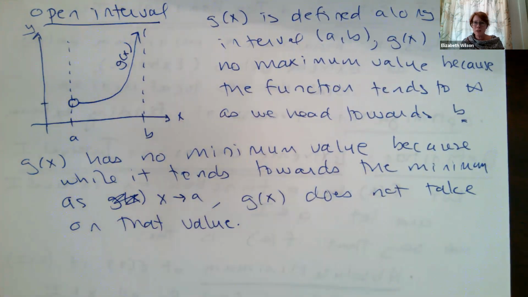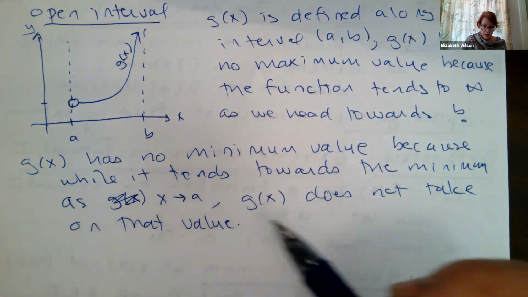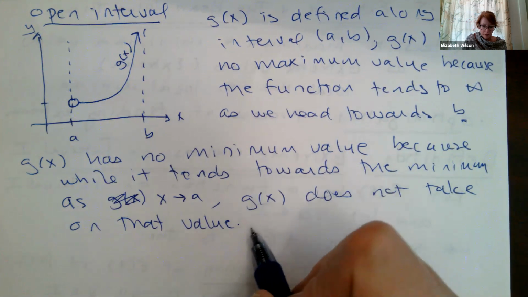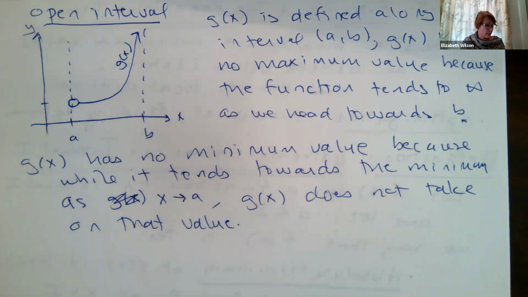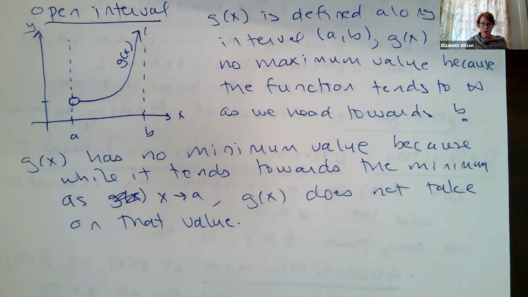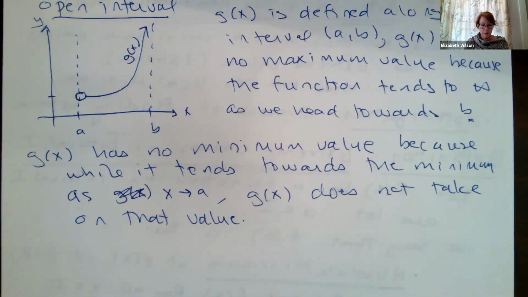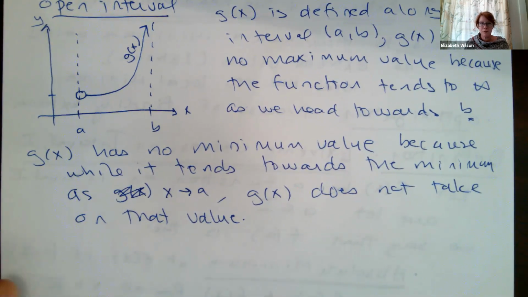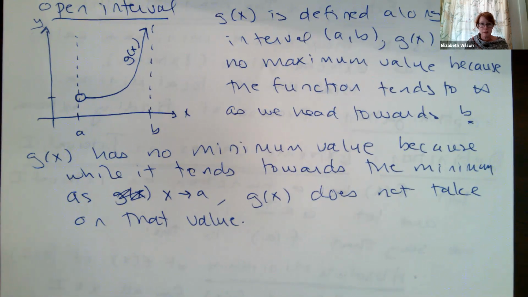My function's undefined at that spot, so I have actually no minimum value there. It never actually realizes that value. So this is our open circle. The function's undefined at that spot. These are exceptions to our rule. We have a discontinuity, or some open interval with things happening on my function that make it so that I don't have a max or a minimum. Or, like we showed in the first case, our function itself doesn't have a max or min because it's always increasing or always decreasing.